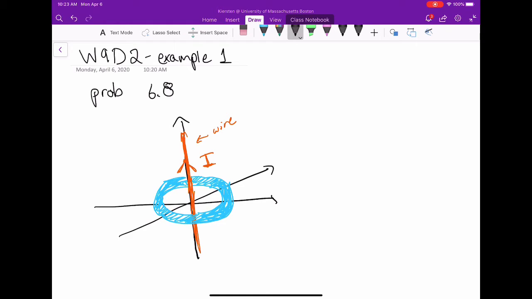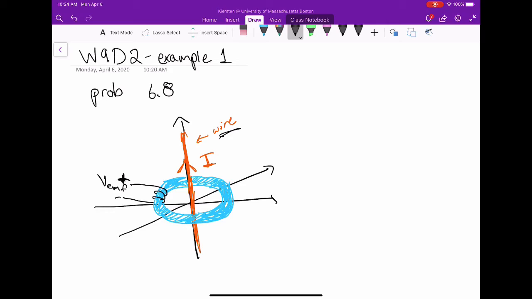So it looks like this. So this actually is a transformer's problem, but it's not necessarily an ideal transformer because not all of the flux due to the wire is going to be captured in this coil.